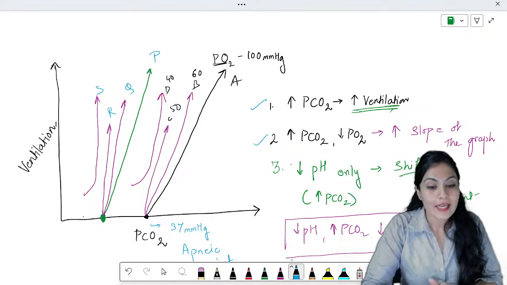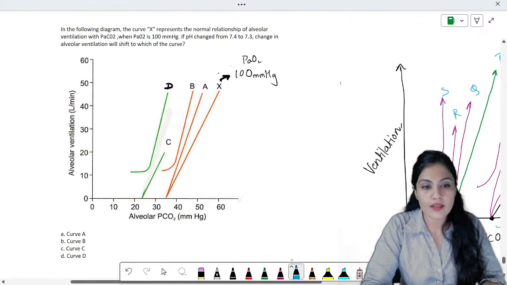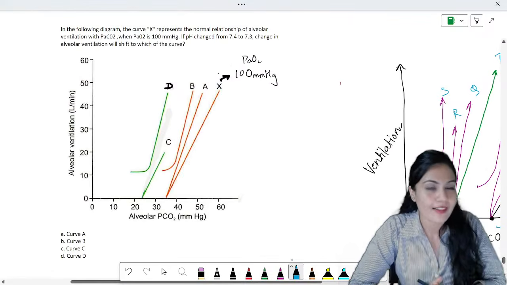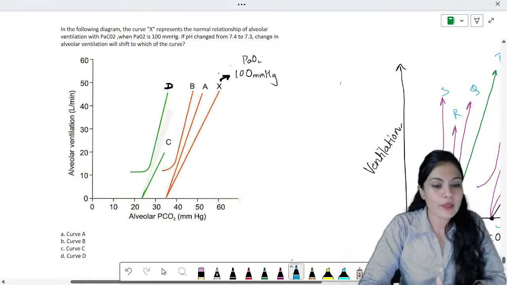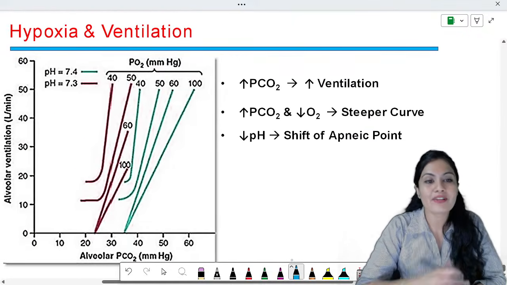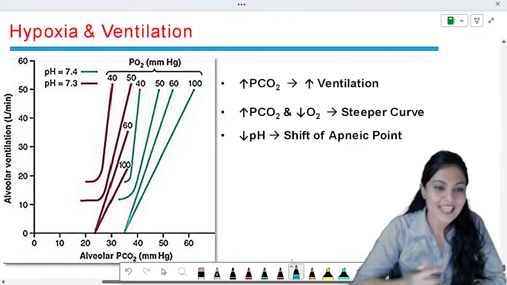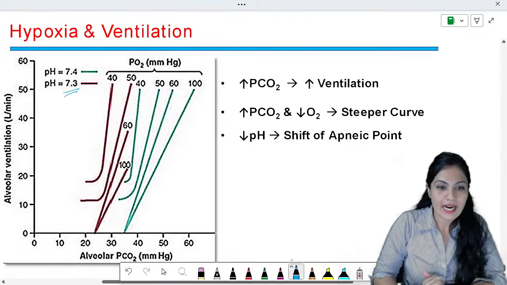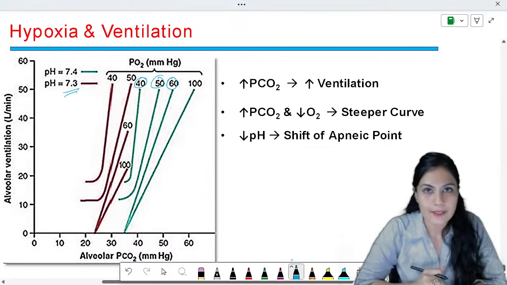And guess what? They have shown one diagram over here. It's not given a proper hint of what is going to happen. But remember, in the INI CET 2022, this question was asked and they have given the same graph, right? This graph was given and instead of writing 40, 50, 60 over here, they have written X, Y, Z, right?